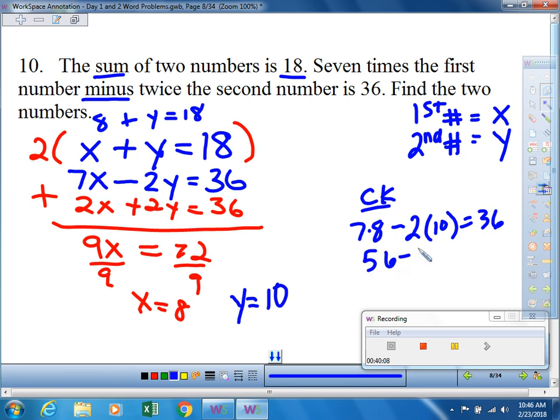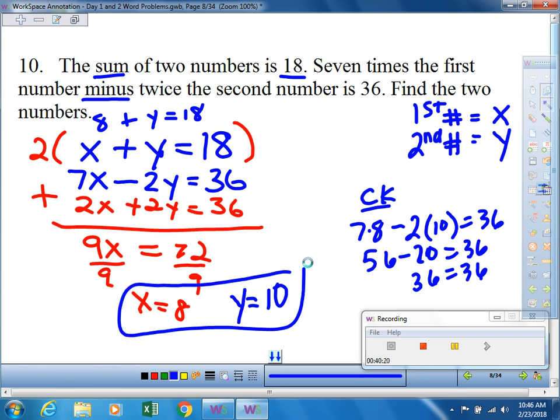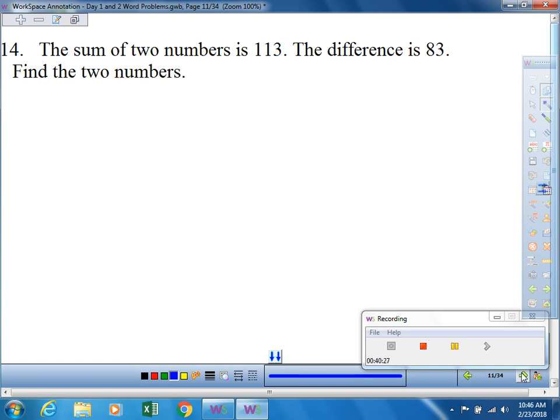So I have 56 minus 20 equals 36. What does this equal? 36 equals 36. So there's my check. It works. Here's my answer. Okay?